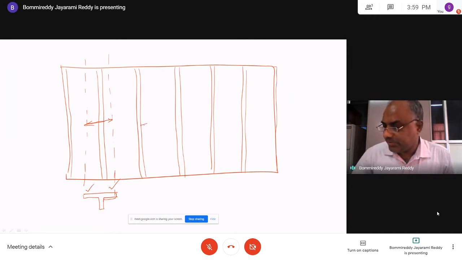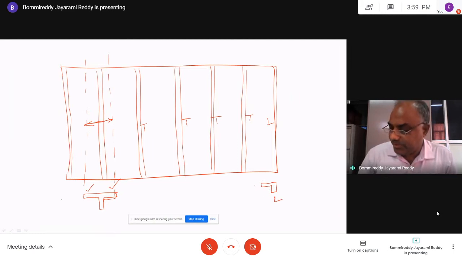So for this also it is a T-beam, and this is also a T-beam, but at the end it is called an L-beam. So what is going to happen here? The flange will be only on one side, so it is called an L-beam.